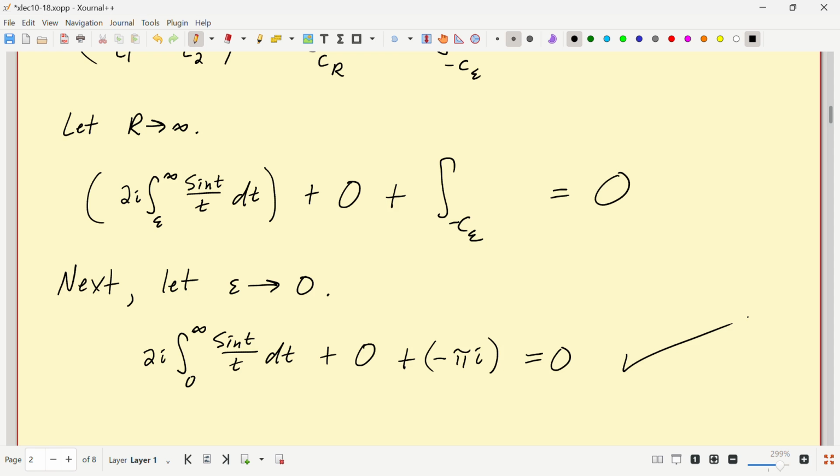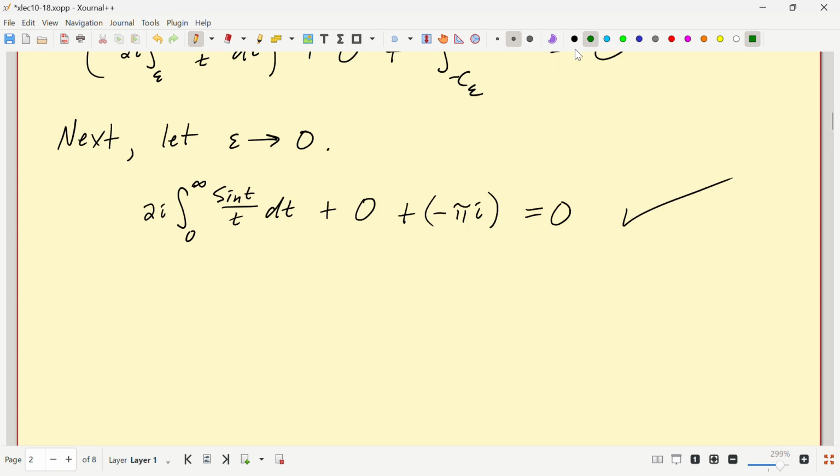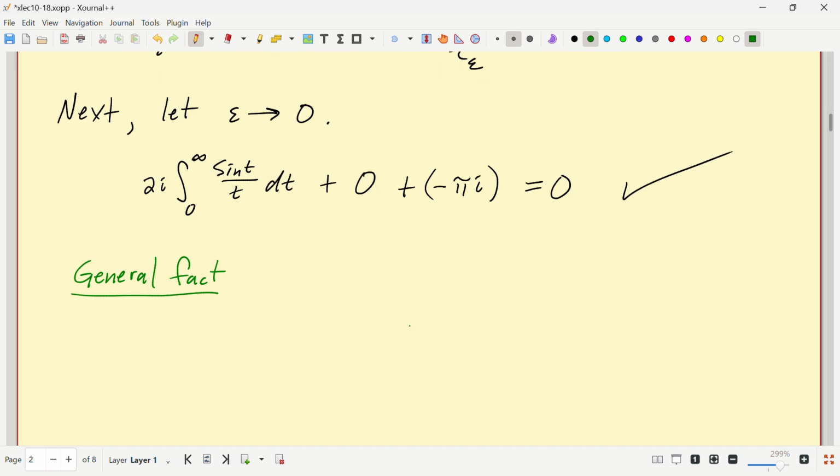But this is a general fact I should mention. And the proof is exactly the same as what I just did there. It often happens that you're looking at a little punched out thing on the real line.